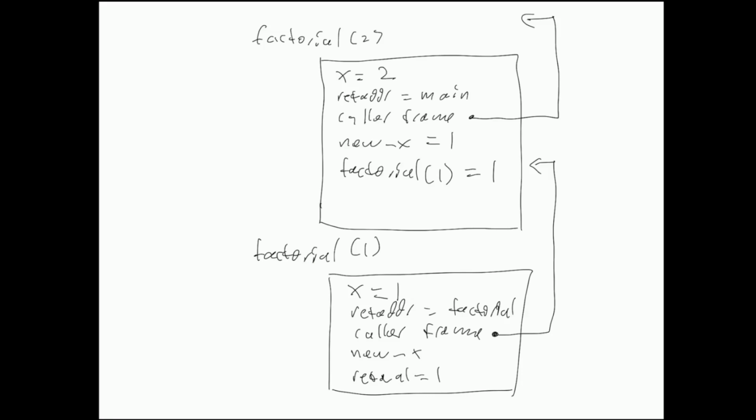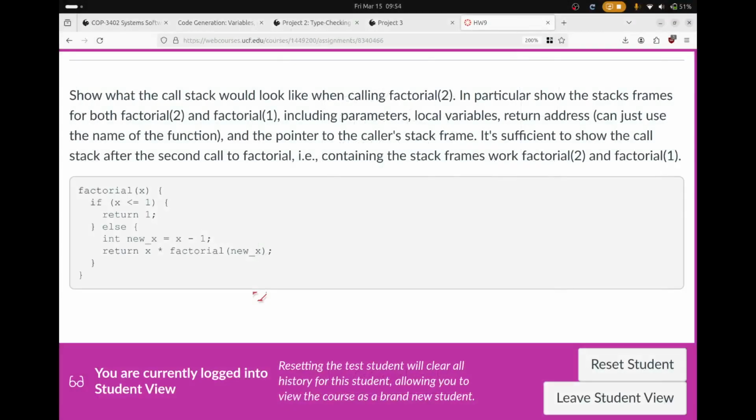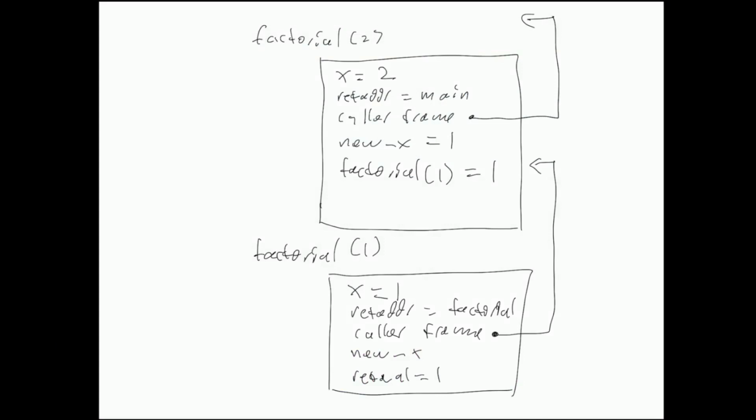It works a little differently in the machine implementation, but just conceptually, this return value is being communicated back to the caller. And now that we've finished executing factorial of 1, so we've returned, we can use the return address and the pointer to the caller's frame in order to restore the state of the machine before we made the call to factorial of 1.